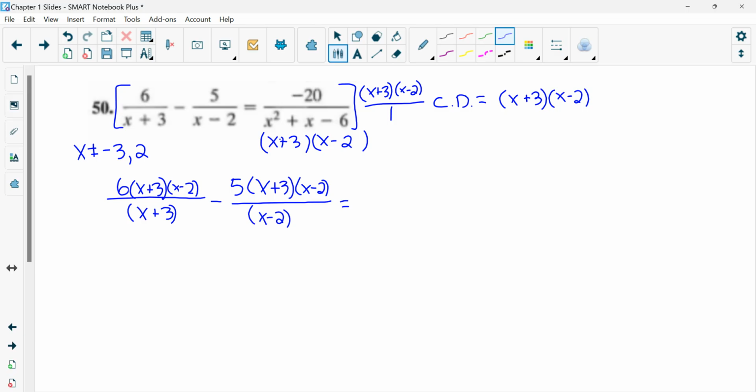And then our second fraction would have the negative 20 times the x plus 3, x minus 2, and that's over what we had here before, x plus 3 times x minus 2. So again, all we're doing is multiplying all the tops by the x plus 3, x minus 2. All the bottoms are being multiplied by 1.